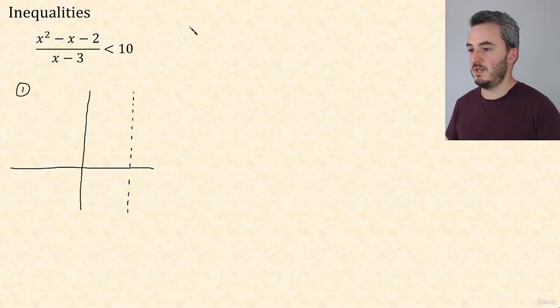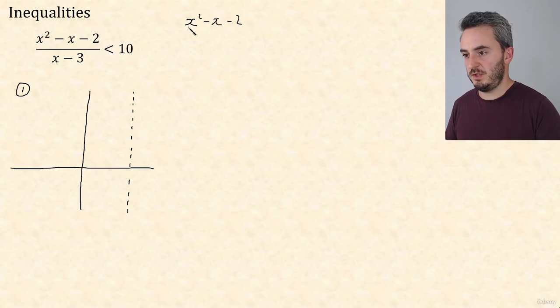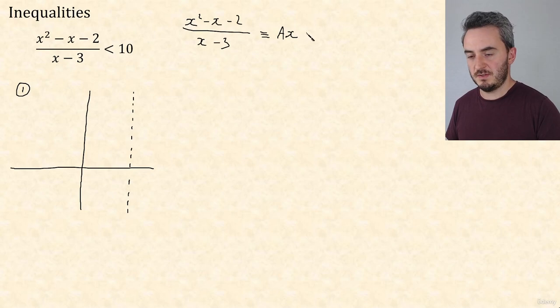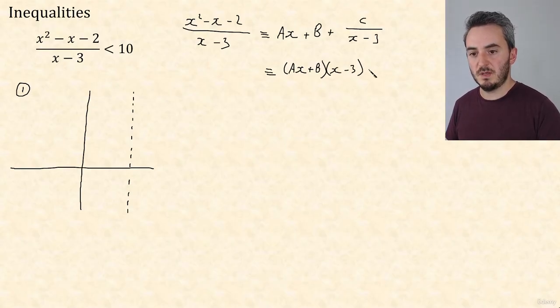So let's go ahead and find those. So I want x squared minus x minus 2 over x minus 3 to be identical with some amount of x plus a constant over x minus 3. Just evaluating numerators, my numerator here will be ax plus b times x minus 3 plus c.